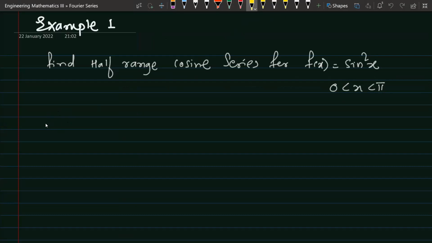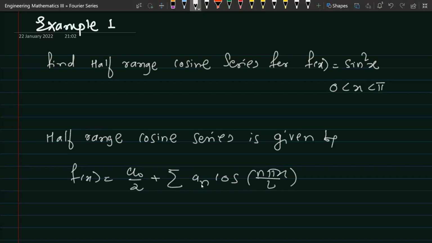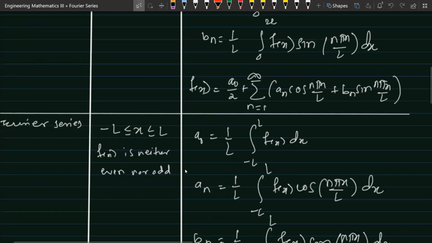The half range Fourier cosine series is given by f(x) is equal to a naught upon 2 plus summation a n cos n pi x upon L, from n equal to 1 to infinity. So this is the expression for the half range cosine series.